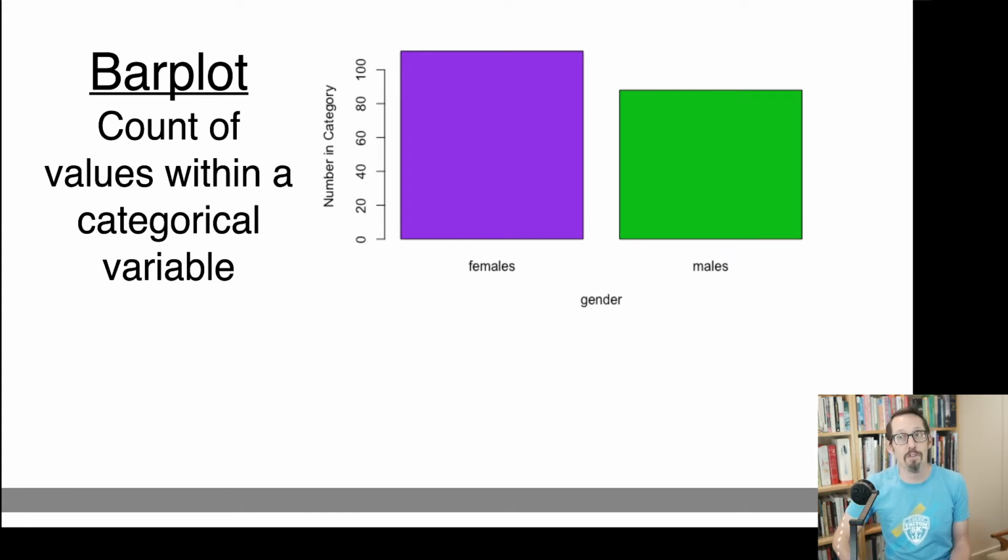Now, if what you have is not numerical values, but counts within a categorical variable, then you want to use the bar plot. The bar plot and the histogram are highly related. They both consist of bars, right? But the bar plot is just two things like female versus male, instead of having this be over a continuous variable binned up. These are inherently categorical variables, female or male.